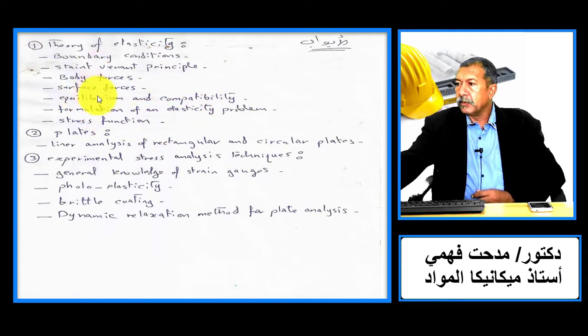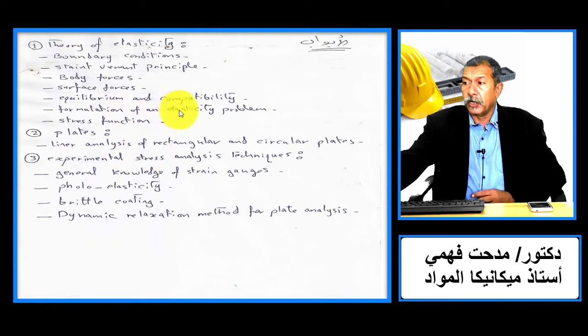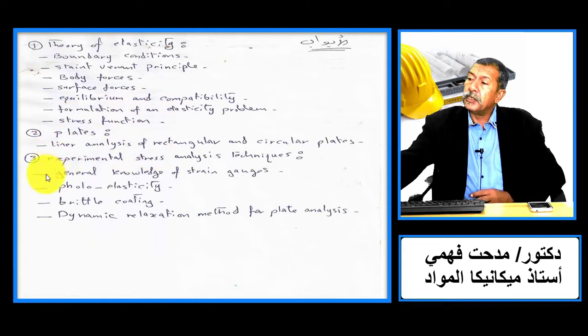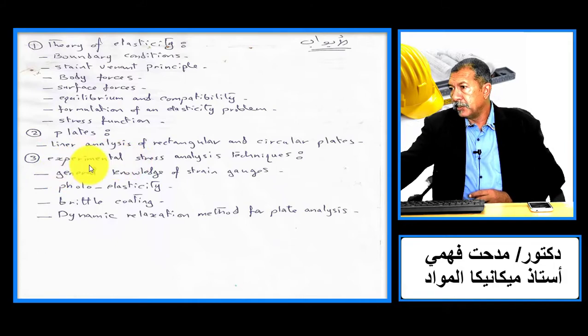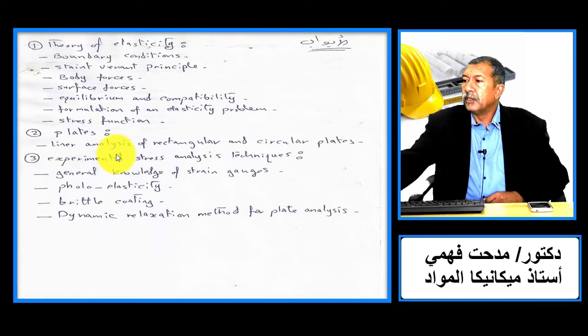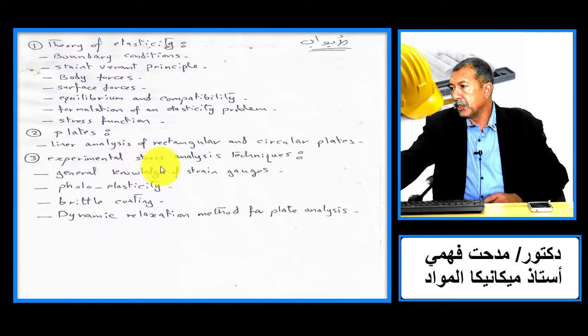The second chapter contains plates, and in plates we are going to discuss linear analysis of rectangular and circular plates. The third chapter contains experimental stress analysis techniques, general knowledge of strain gauge and photoelastic and brittle coating, dynamic relaxation methods, and for plates.